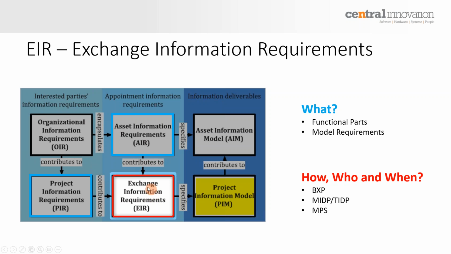So that information required to be exchanged among all the stakeholders needs to be produced in a way that explains who will produce it, how it is going to be produced, and when or at what stage that's going to be produced.